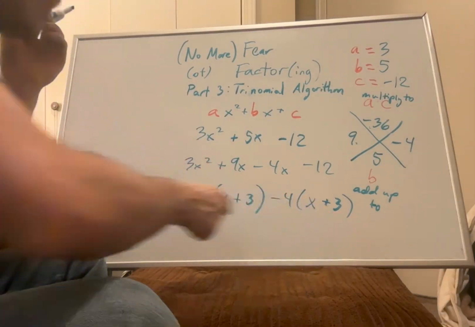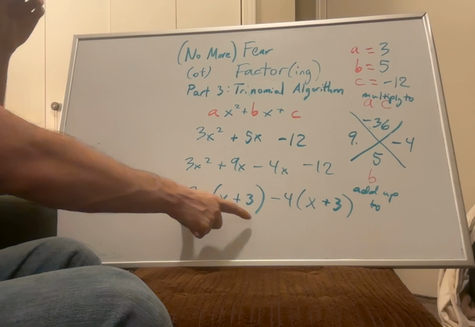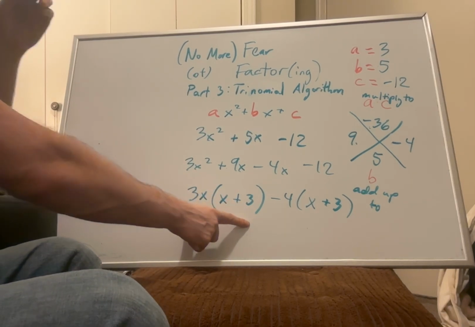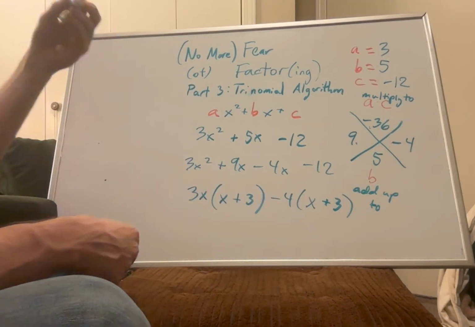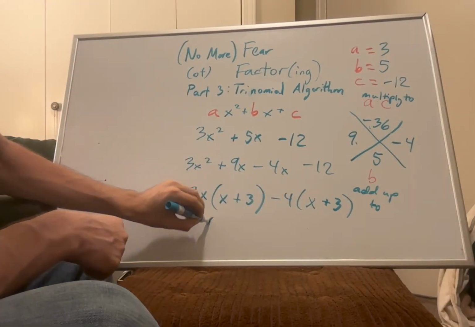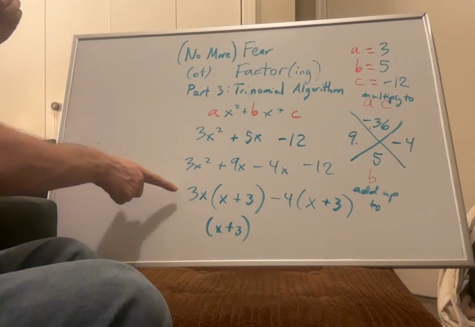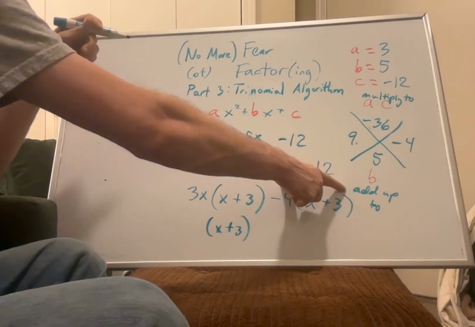The last step we can do is say that since this is 3x times some quantity minus 4 times some quantity, we can think about factoring out this quantity. X plus 3 is our greatest common factor now of this term and this term.